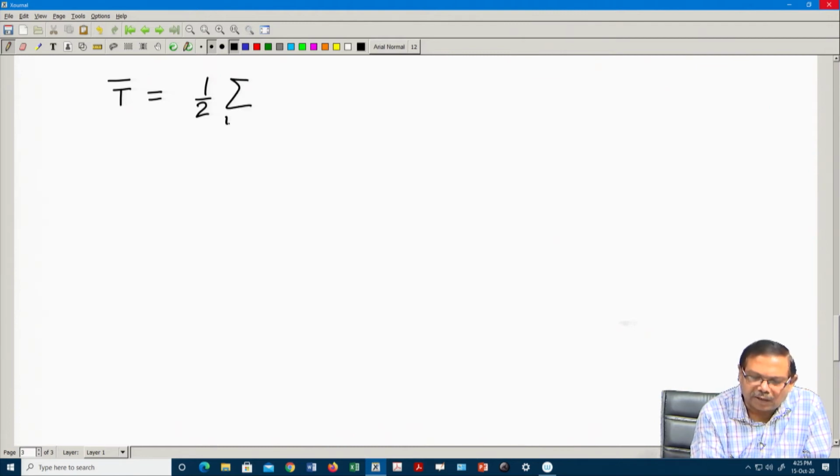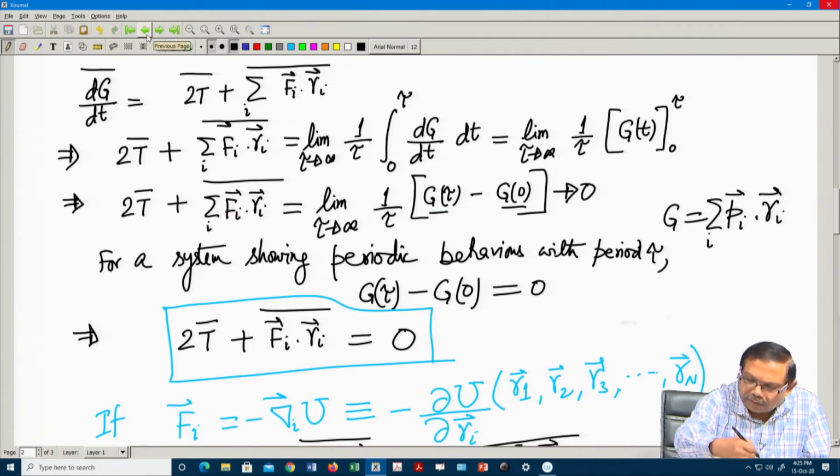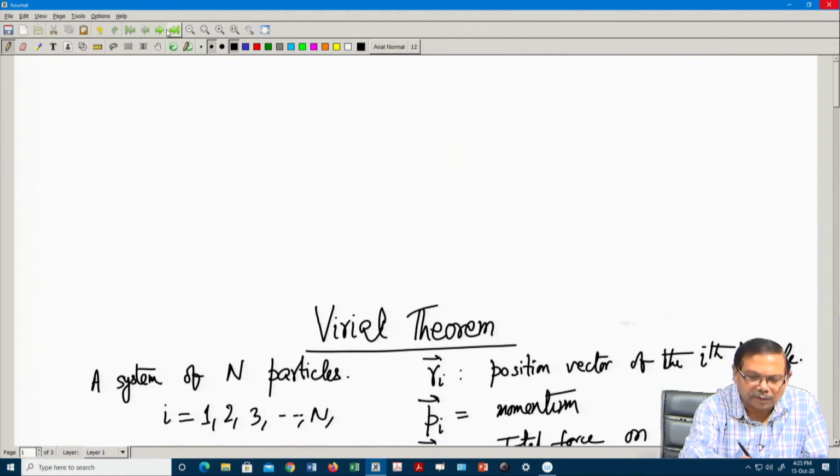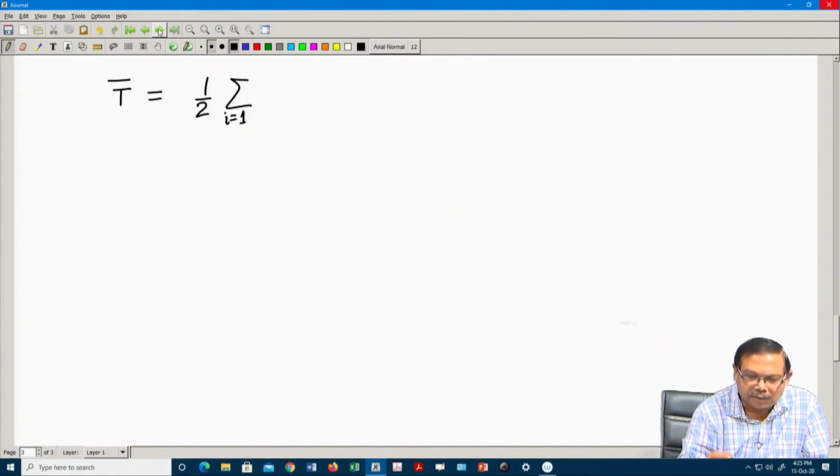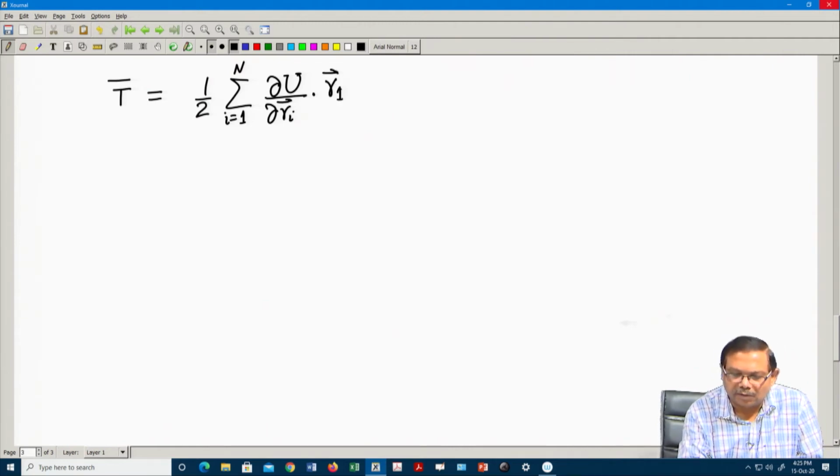Now, i goes from 1 to n, right. Okay. So, it goes from 1 to n, and this is nothing but the gradient of a potential and a dot product with r_i.